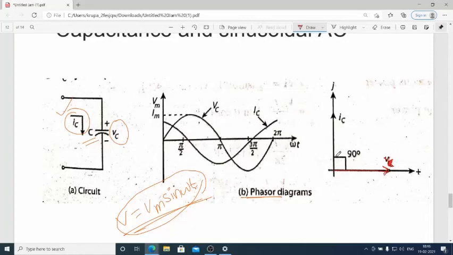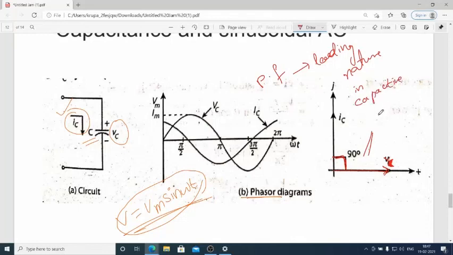The current leads by 90 degrees. That is why the power factor has a leading nature in capacitive loads.